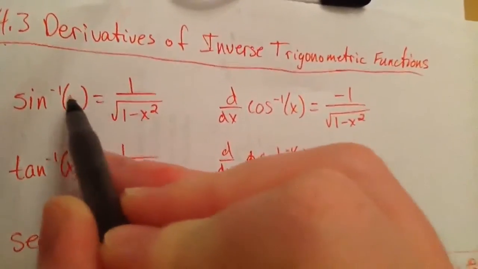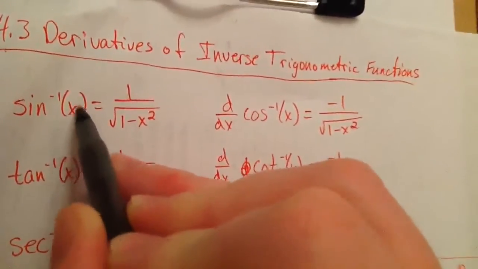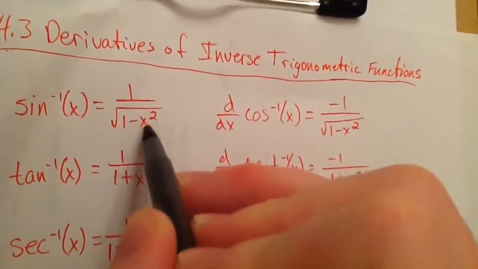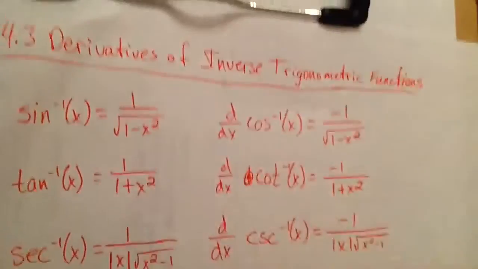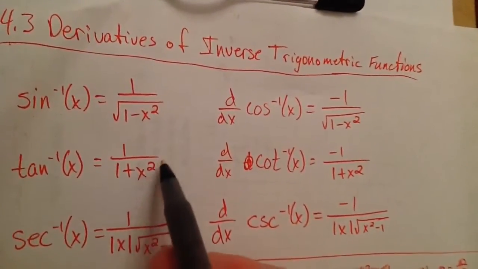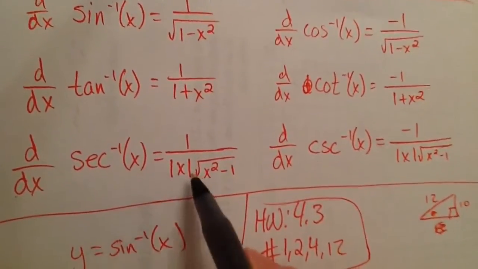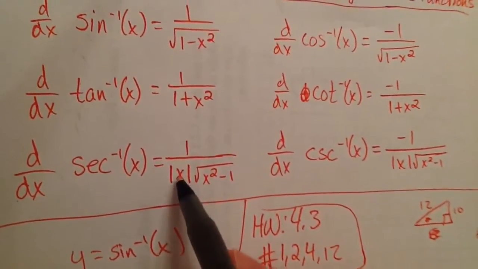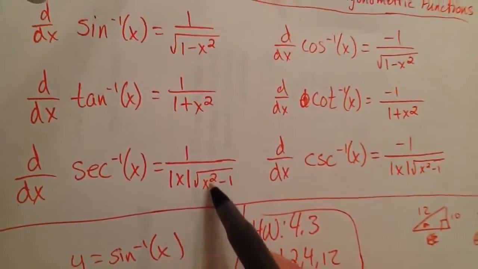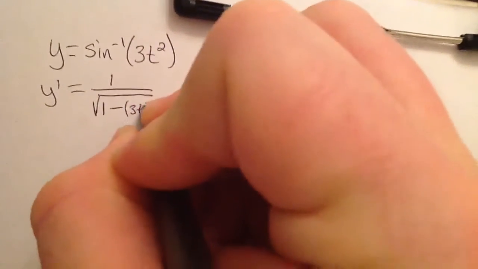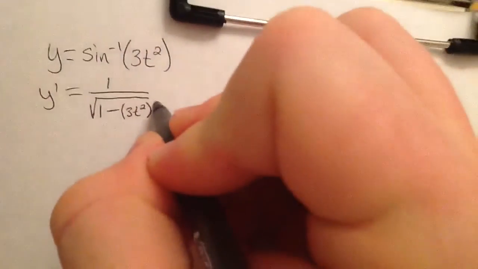In this one, whatever's in the parentheses, that's considered x. So this is basically whatever's in the parentheses squared. Same thing, whatever's in the parentheses squared. On this one, it's the absolute value of whatever's in the parentheses, square root of whatever's in the parentheses squared. So it's 1 minus whatever's in the parentheses, so in this case 3t squared, and then you have to square it.